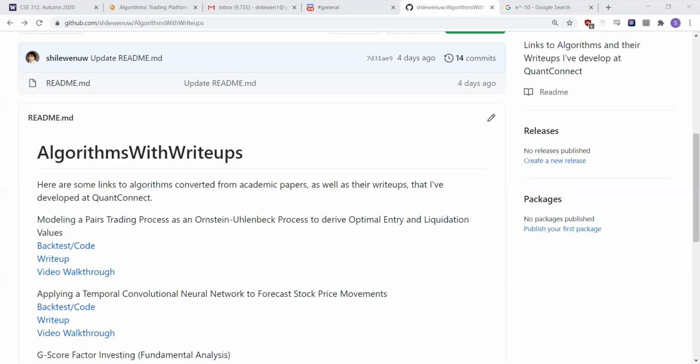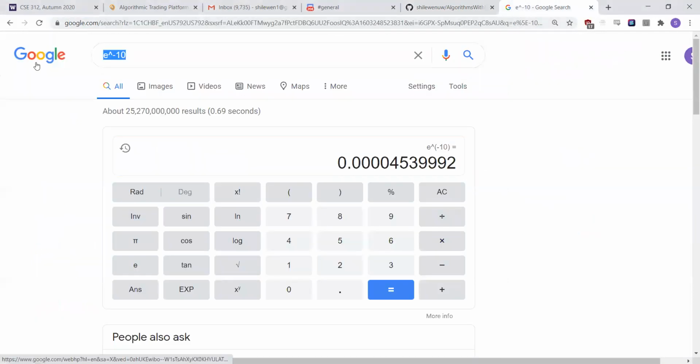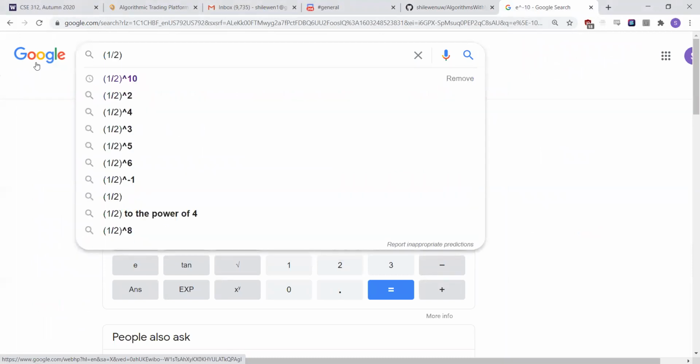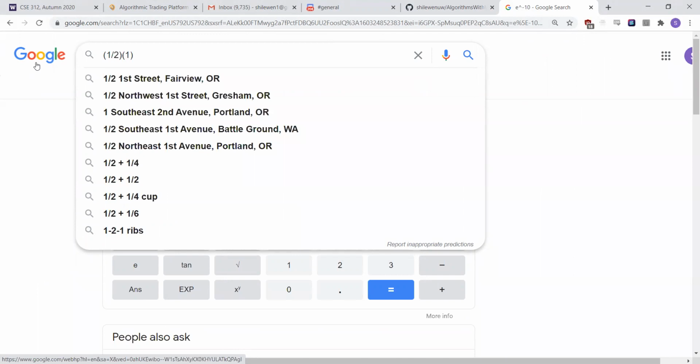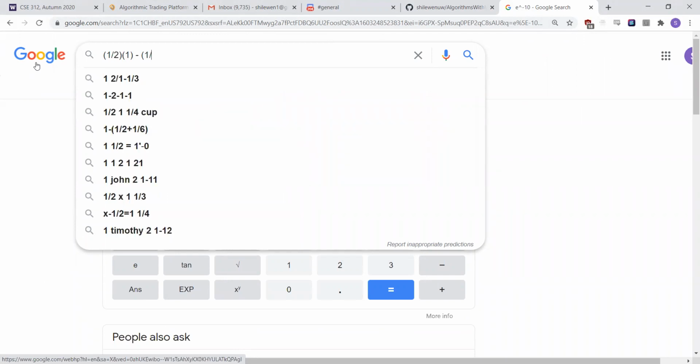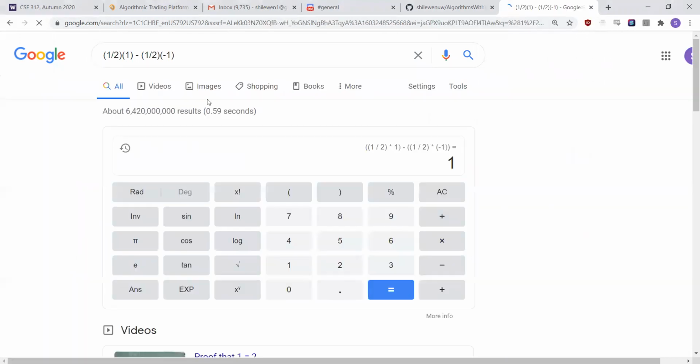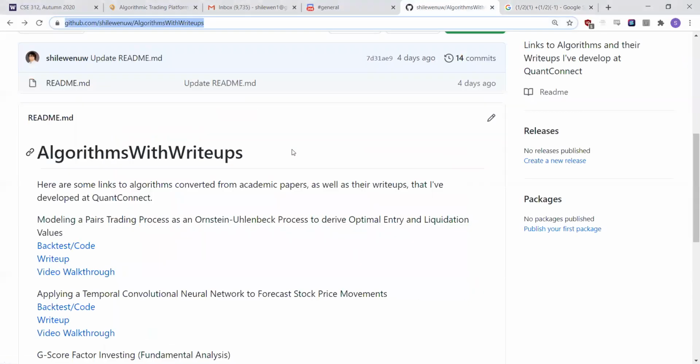So I have a 1/2 chance of making $1 plus a 1/2 chance of losing $1, and so it's 0. It does make sense, right?